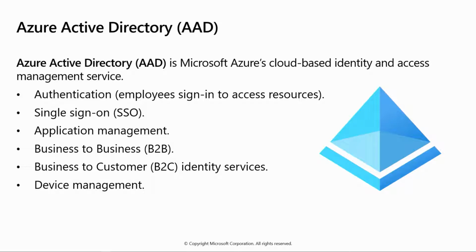Now, Azure Active Directory is the cloud-based identity and access management service. And it can be used for both your external resources, whether it's Office 365, the Azure portal, or a number of other software as a service applications. But you can also use it as an internal resource, whether you're controlling access on your corporate network or your intranet, or maybe you have in-house apps that you have developed for your organization.